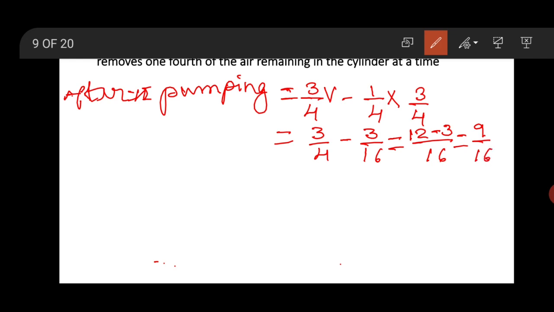How can you write 9 by 16? 9 is the square of 3 and 16 is the square of 4. So I can write 3 by 4 whole square. So after the second pumping, the remaining air present in the cylinder is 3 by 4 whole square, right?